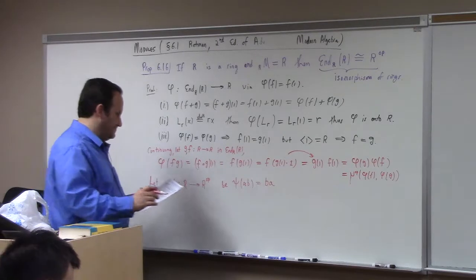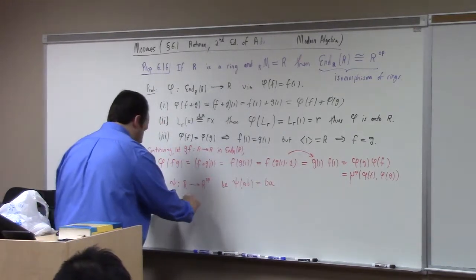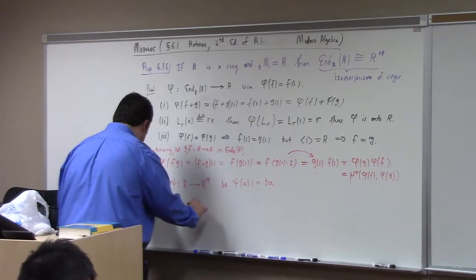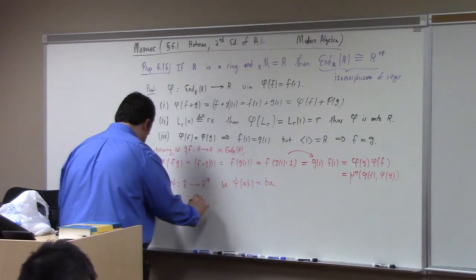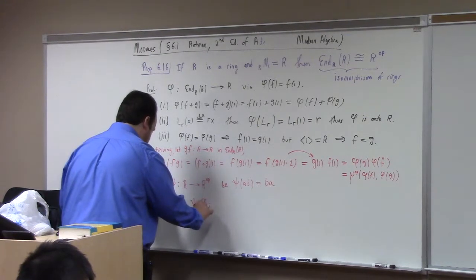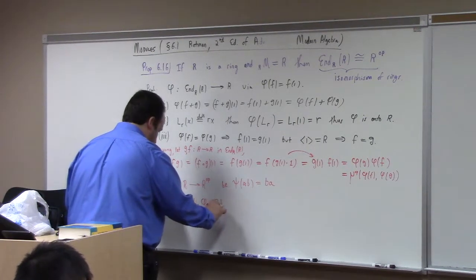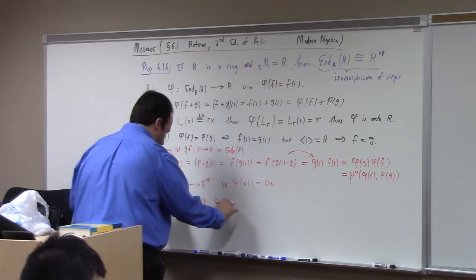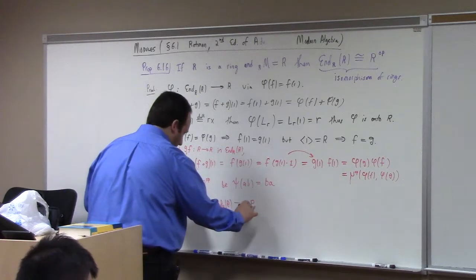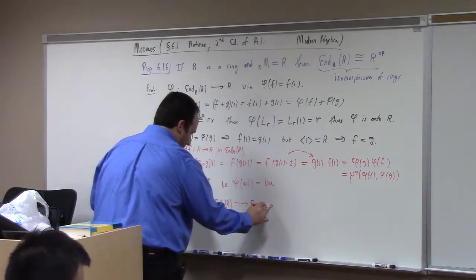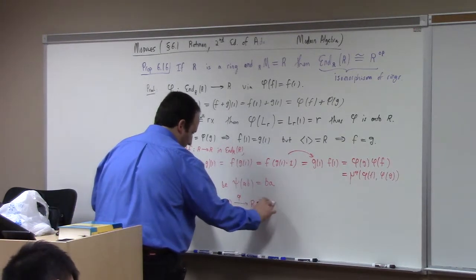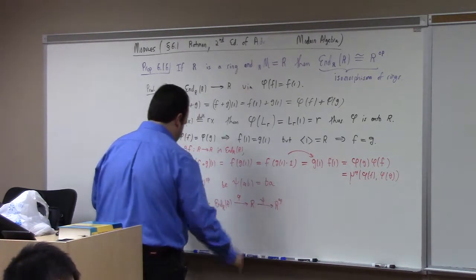Then if we look at psi composed with phi, that will be a mapping from endomorphisms of R to R. Phi takes us over here to R again, and then psi takes us to R op, so to speak.